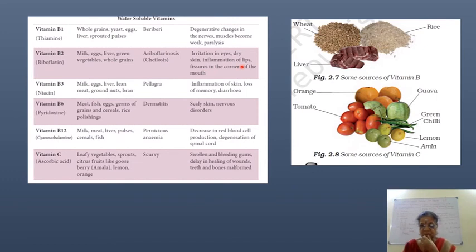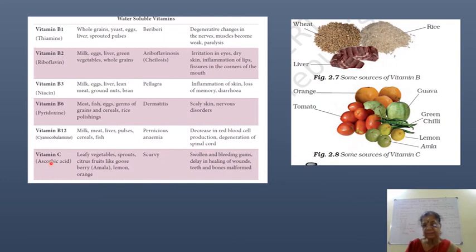Inflammation na அந்த உதடு வீங்கி புண்ணு மாதிரி இருக்குல்ல அது. Niacin வந்து inflammation of the skin and loss of memory, diarrhea. Same way with the pyridoxine, cyanocobalamin, this you will learn. I hope you understand. Technical terms la na explain பண்ணிருக்கேன். With that you will understand and learn.